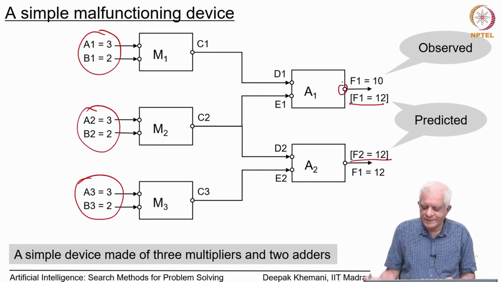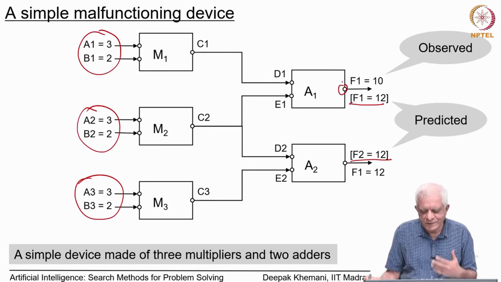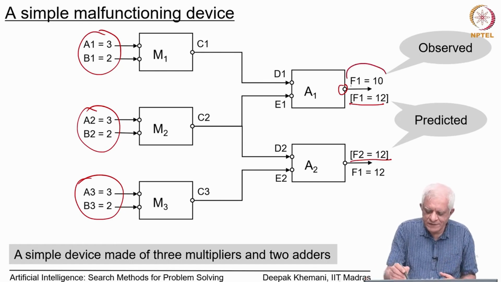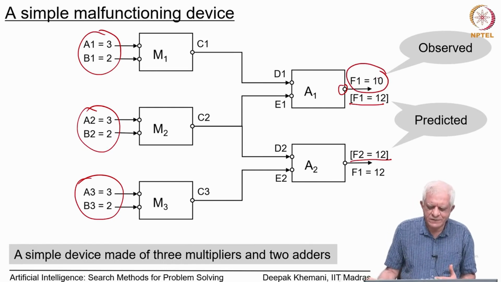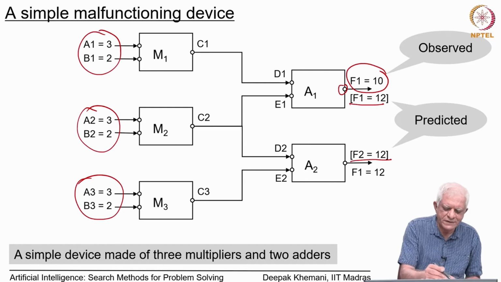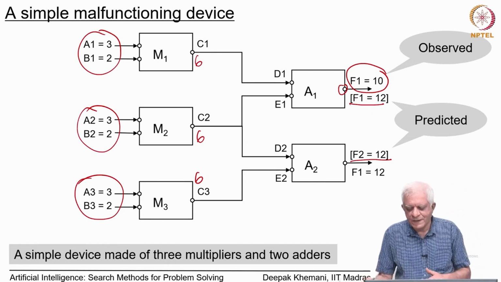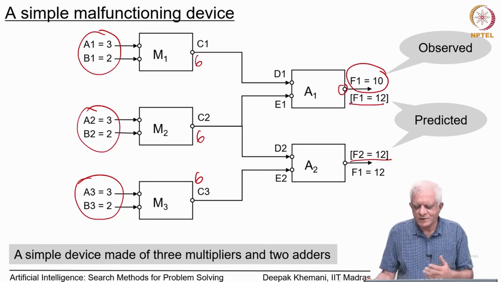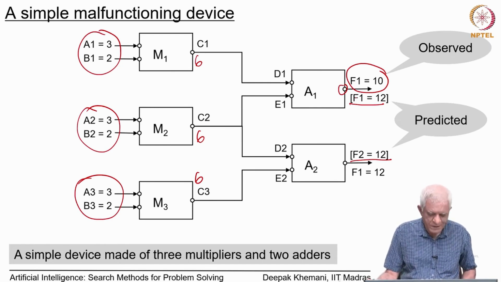But when you switch on the device, you see something else. The observed value is 10 essentially. So, clearly the device is not working, because what you should really get is the output of the multiplier should be 6 in the 3 places, and then 6 plus 6 should give you 12, and that is what the 2 adders should be doing. But one of the adders A1 is saying that the output is 10. So, the question is what is happening.